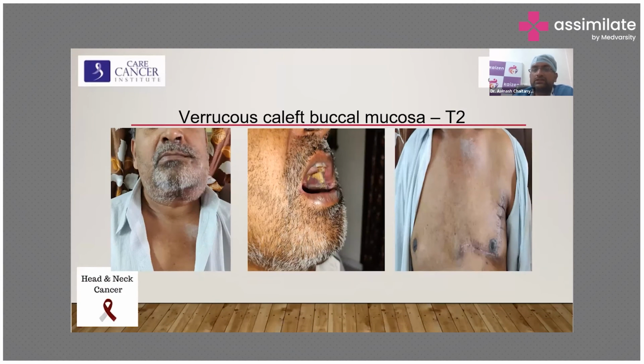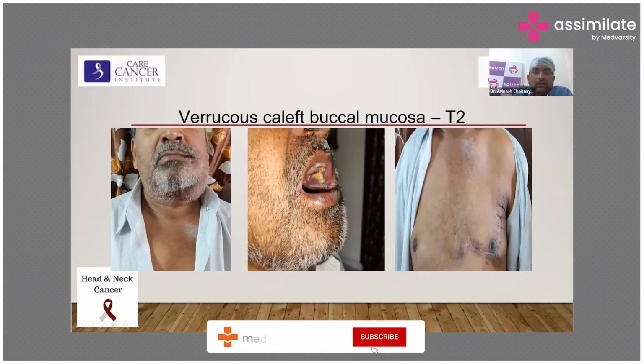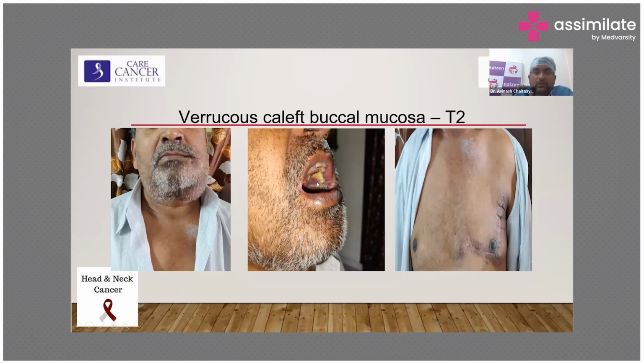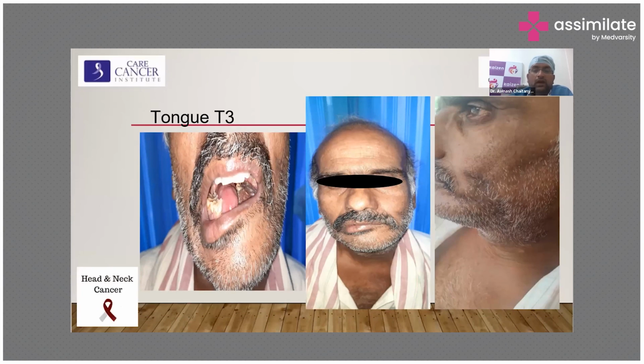This is a verrucous lesion of the buccal mucosa, which was T2, and we reconstructed it with a pectoralis major flap. You can see in the first image that you can't make any difference as if the flap has been placed inside, unless the patient opens his mouth or he opens his shirt like Salman Khan, right? And this is the other patient with a T3 tongue lesion.